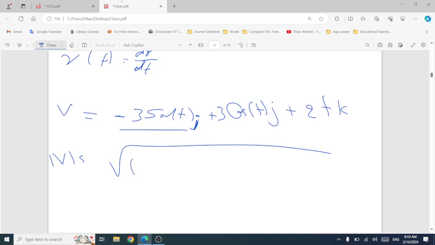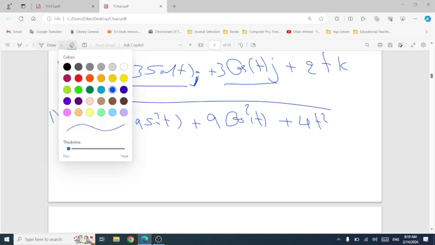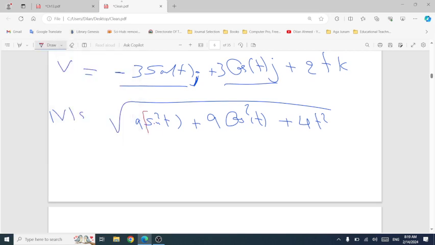How about the length of v? Here's square. Again, here's square. Am I right? Good. Between here and there, we have a common factor. It's equal to what? 9 comes out, and I'll get 9 sine squared plus cosine squared.